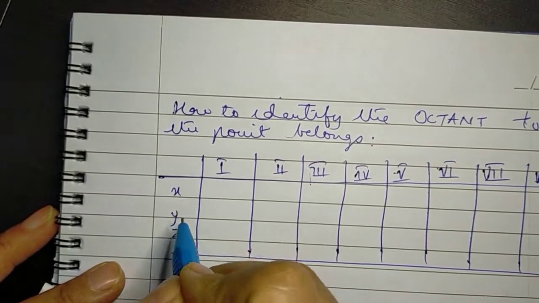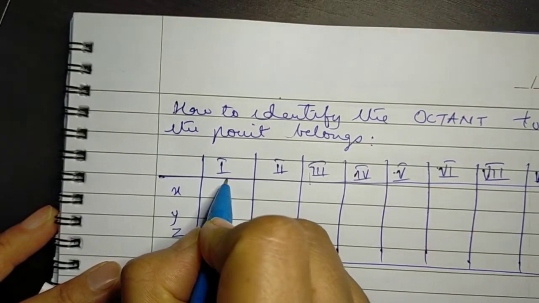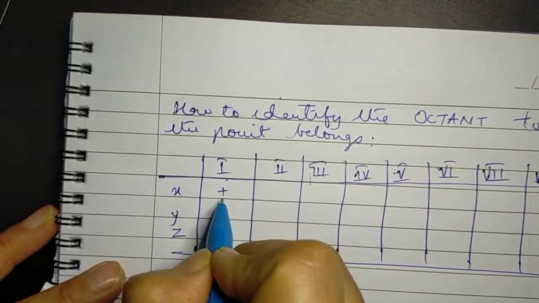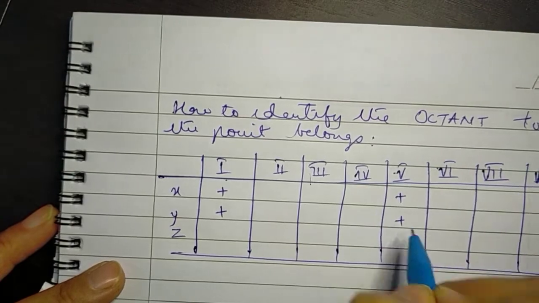We have for the first octant, the x coordinate is the same as the first quadrant, so positive and positive, so that will be the same as the fifth one.